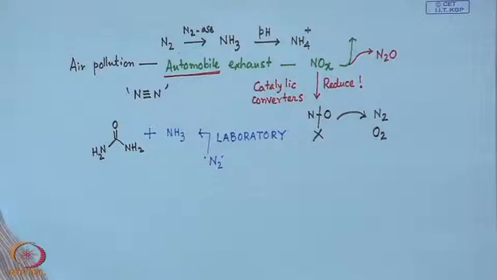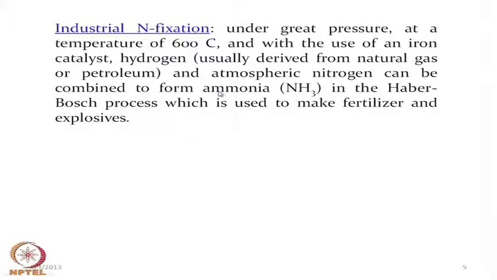But when we talk in terms of fixation, that means breaking of the nitrogen triple bond, reduction of the nitrogen centers and insertion of hydrogen as proton, we take the help of only the Haber and Bosch process, which gives us useful industrial nitrogen fixation under very high pressure.